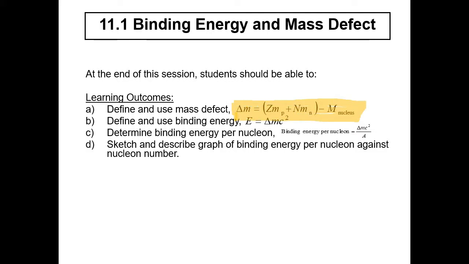And you need to define and use binding energy. We have binding energy E equals delta MC squared, and you need to determine binding energy per nucleon, or we use EB over A. Then you need to sketch and describe the graph of binding energy per nucleon against nuclear number.